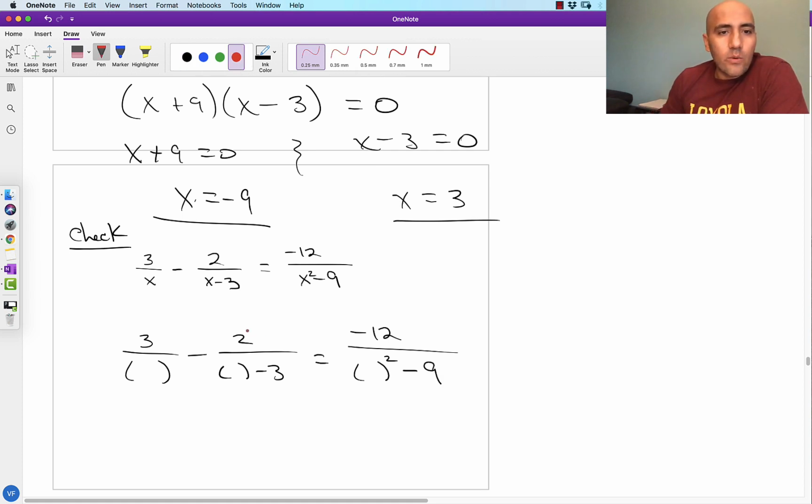So let's check with a negative 9. So let's put a minus 9 there, and a minus 9 there, and a minus 9 there, and see if in fact we get a true statement.